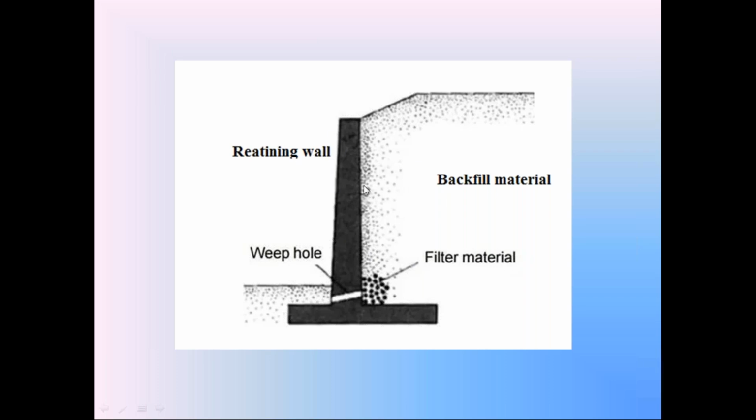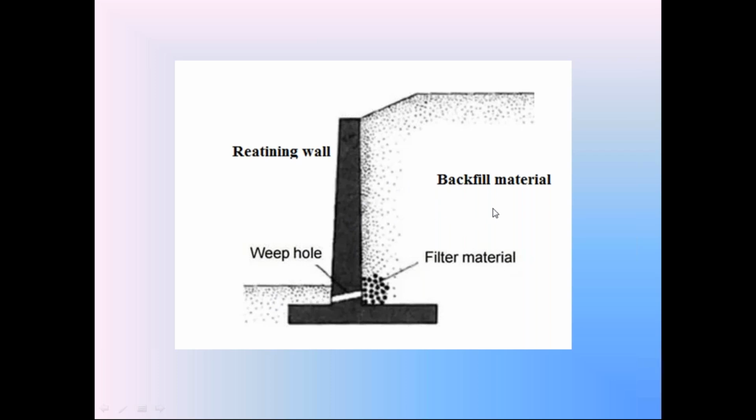In this diagram, the retaining wall is supporting the soil on the back side, and the soil on the front side also. So check this diagram, please. In the diagram, the retaining wall is supporting the soil on the back side and also on the front side.